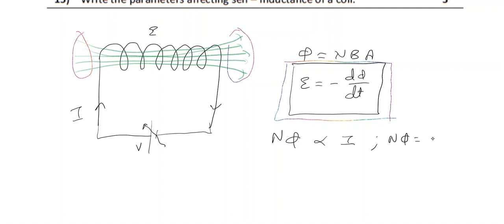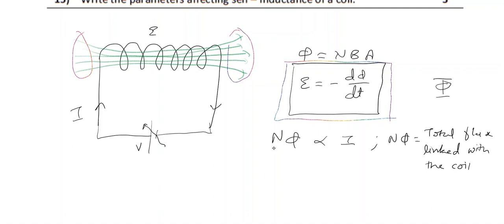N phi is total flux linked with the coil. Sometimes you might see capital phi, which itself is symbol of total flux, and in that case you don't need to multiply it with n.